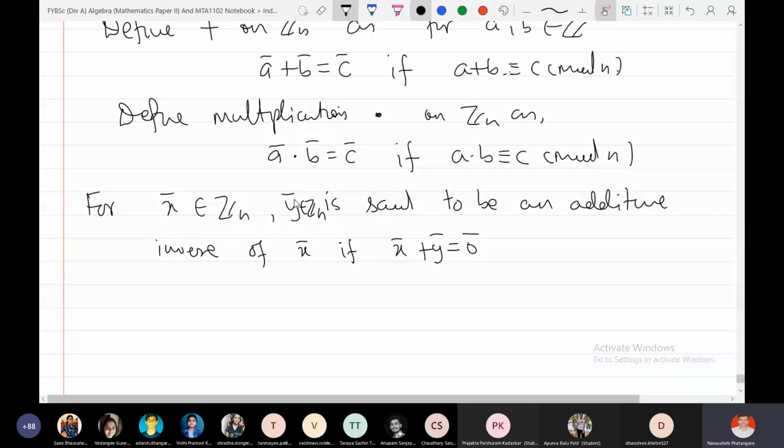So the additive inverse of x bar is y bar if x bar plus y bar is 0 bar. Is it clear? The definition is clear.